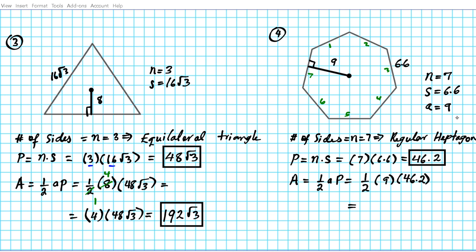You can divide 46.2 by 2, which gives 23.1. So you have 9 multiplied by 23.1, and you get 207.9. So that's the area of the regular heptagon.